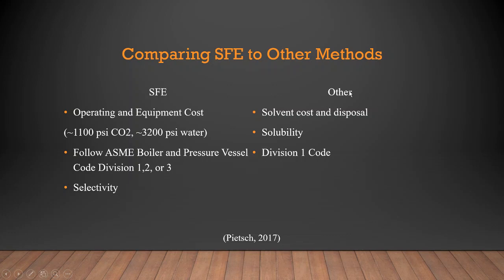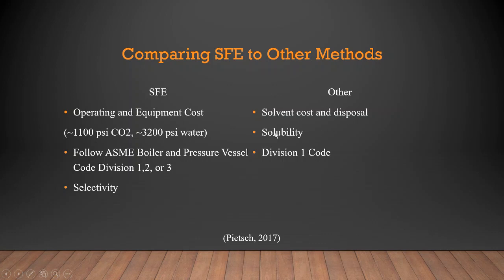The other extraction methods, usually using water or other organic solvents for decaffeination, might be ethyl acetate or dichloromethane. And an important consideration is the solvent costs and the disposal of solvents, because you want to be environmentally friendly and you need to not create environmental hazards.